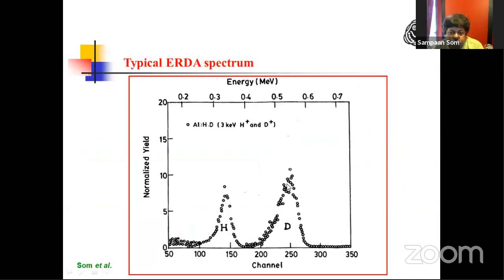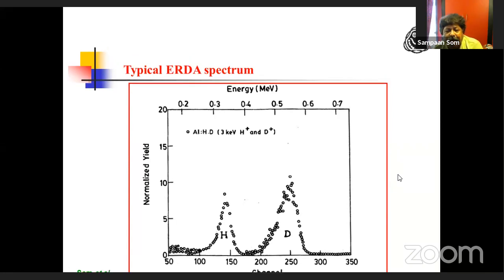Next slide, please. Now I show you a typical ERD spectrum. This is with 1.7 MeV helium ions, which penetrated the hydrogen and deuterium implanted aluminum target, and as I told, they can be probed simultaneously.